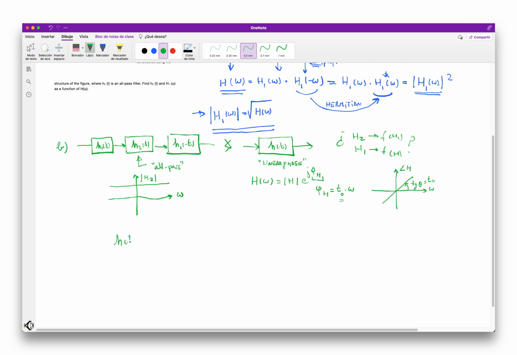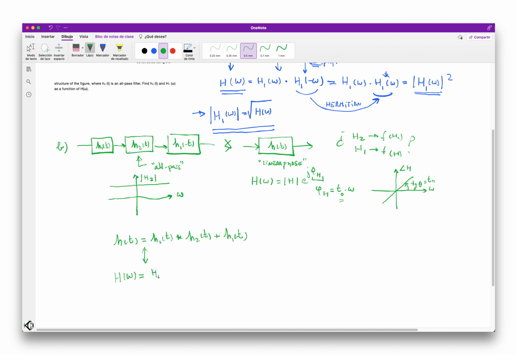h of t, the overall system, which is the cascading of the three systems, will be the first system, h1 of t, convolved with the second system, h2 of t, and convolved with the last system, h1 of minus t. Again, we do the Fourier transform of this expression, and we get the frequency response of the system h of omega, which is what we want to find.